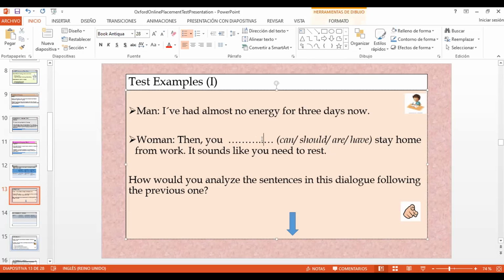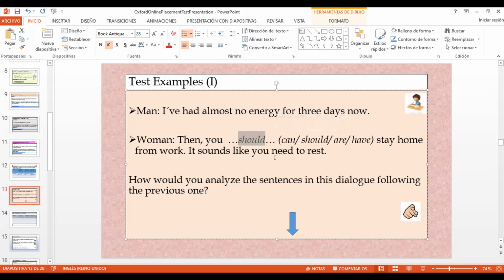No, you choose only one. You choose only one. I think it's can or should. Okay, it's a modal verb. Yes, excellent, Veronica. It's a modal verb, but can is ability in general. So which would you use more exactly? Should. Should, exactly. It's a recommendation, remember. It's a recommendation. You should stay home from work.